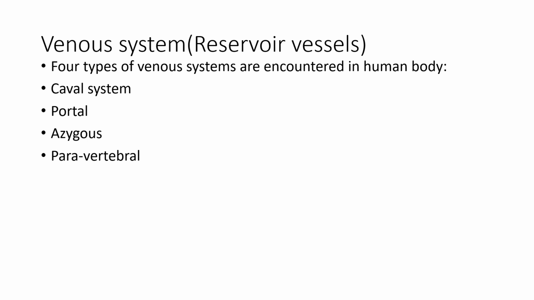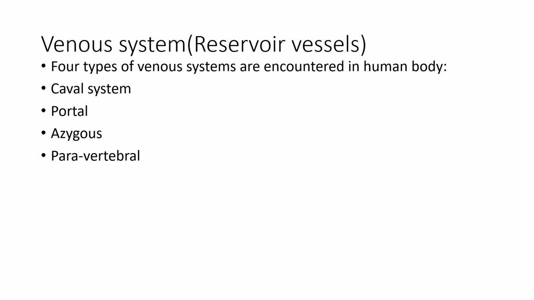Then in the caval system, we have some specialized veins like emissary veins. These are wall-less veins which communicate intracranial venous sinuses with extracranial venous sinuses. Then the intracranial dural venous sinuses are devoid of muscular coat and walls.